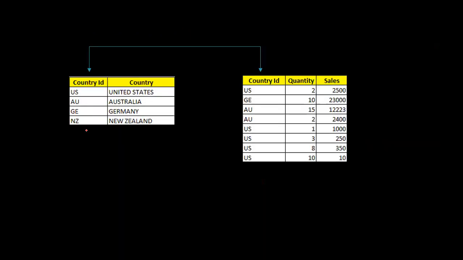What do you mean by filtering? For example, you have a country table and you have a sales table. What is the common column between these two tables? Country ID. When you import these two files, let's say Excel or CSV files, into Power BI desktop, since this column is common between the two tables and the column names are identical, it automatically creates a link.